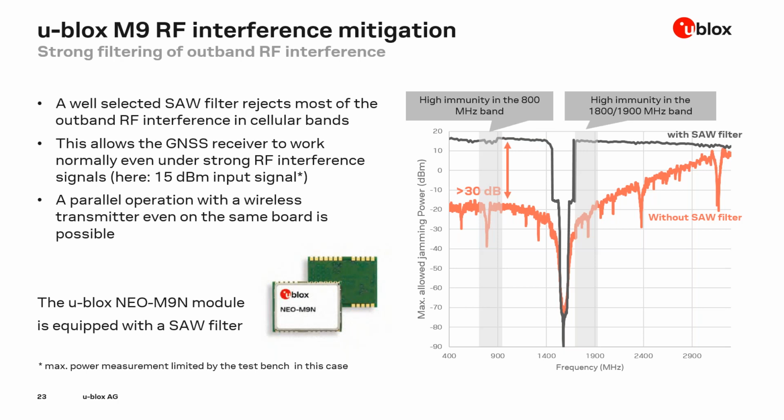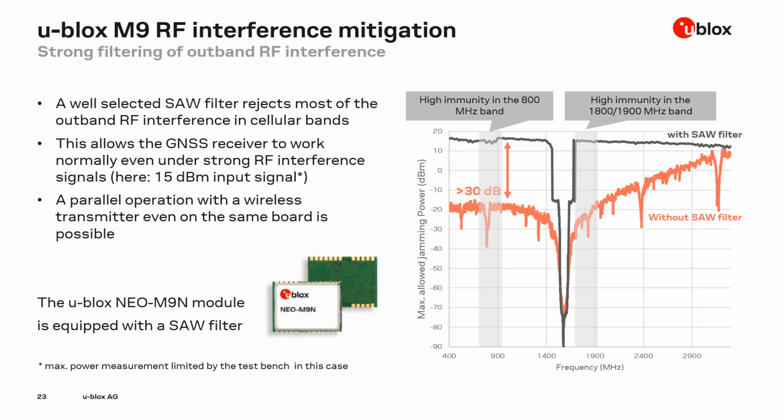The second point I want to highlight is the red curve. This red curve is a product which is not equipped with the SAW filter, and shows what the maximum power level you can apply would then be. You see there's quite a big difference of about 30 dB.